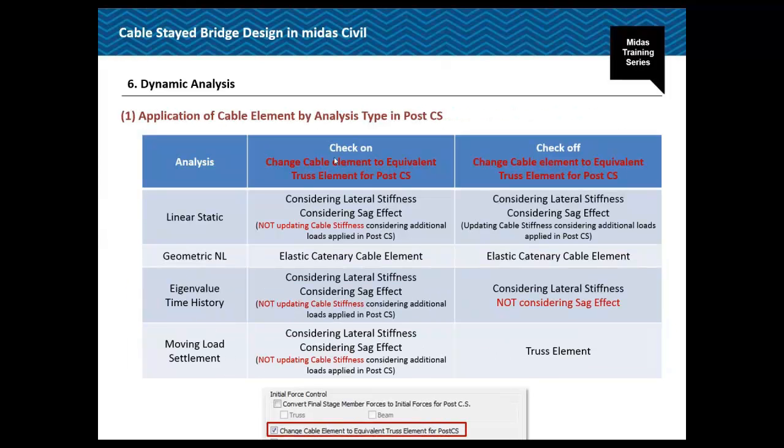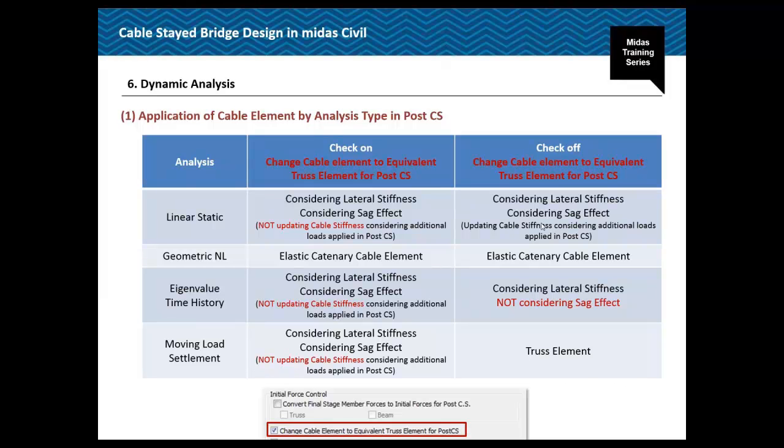So when this option is checked on, as mentioned, we consider the same lateral stiffness and the sag effect for the linear static, eigenvalue, and moving load analysis. If this option is checked off, then that is the traditional way, and we may consider the initial element force table if we want to apply the cable stiffness obtained from the construction stage.